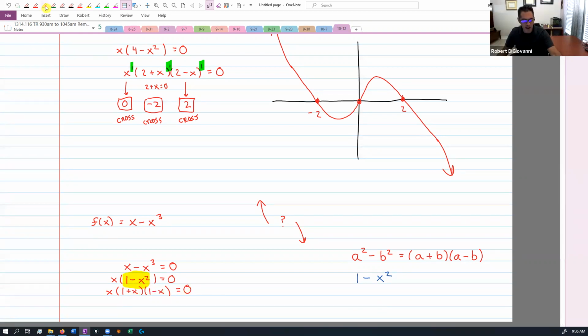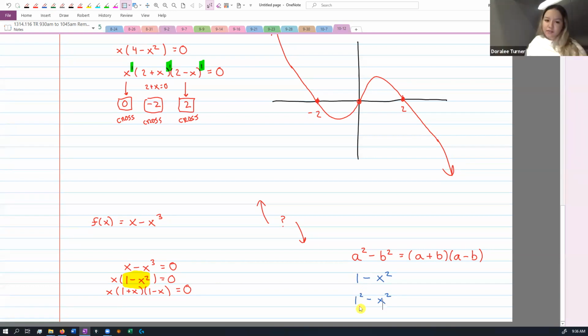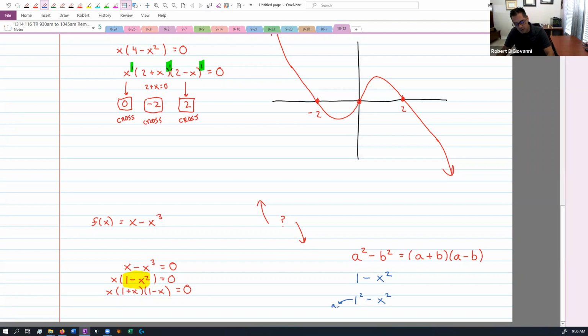Okay, good. I'm glad you asked. So you have to realize that 1 is actually 1 squared. Maybe that's the issue. Do you agree that 1 squared is 1? Oh, okay. Right. So here, the A we have is 1, and the B in the formula is the X. So we have something squared minus something squared.